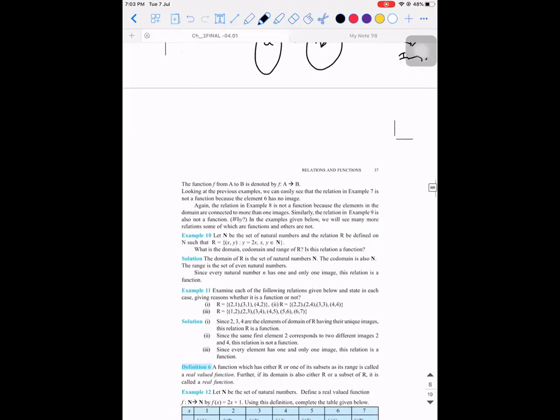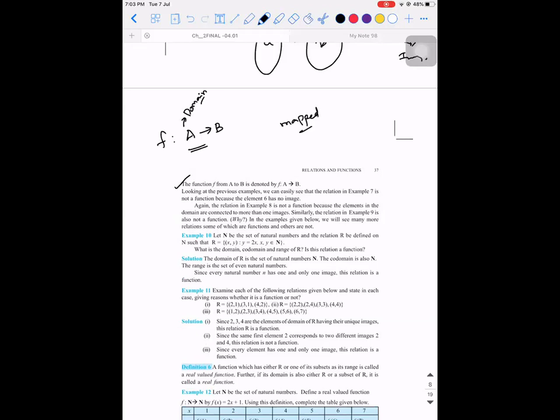So generally, the representation for a function is like this. f is mapped from A to B. They write it like this. Are you guys able to understand this part? Can I say it again, sir? f is mapped, M-A-P-P-E-D.